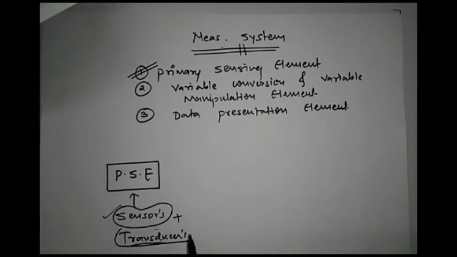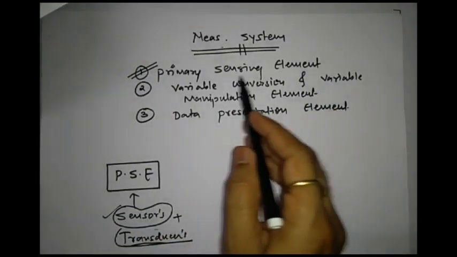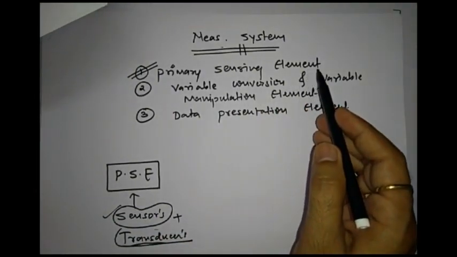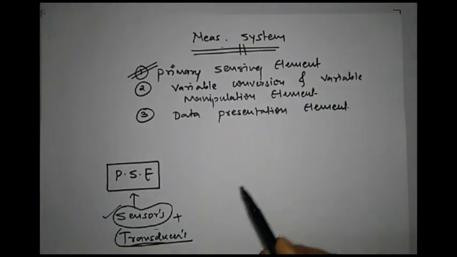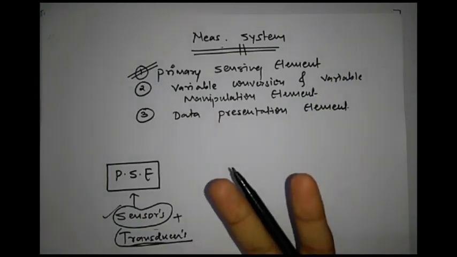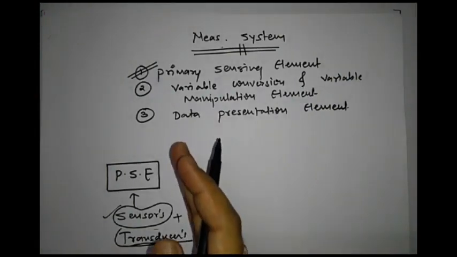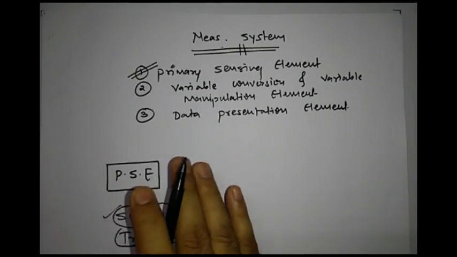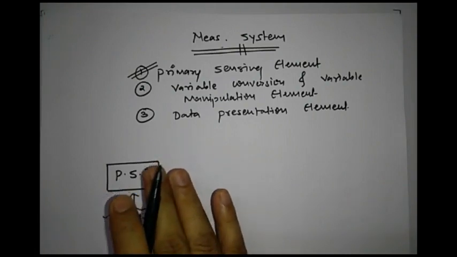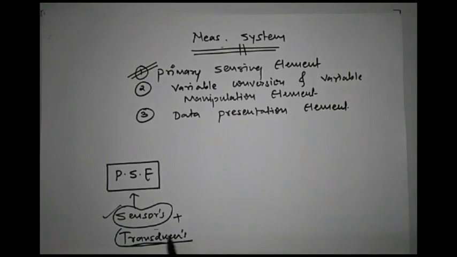And that is the reason this element of the measurement system is also known as the detector transducer stage, because this element is going to perform two things. Number one, detect, or you can say sense, the value of the unknown quantity, and then convert that physical form of quantity into an electrical signal with the help of transducers.